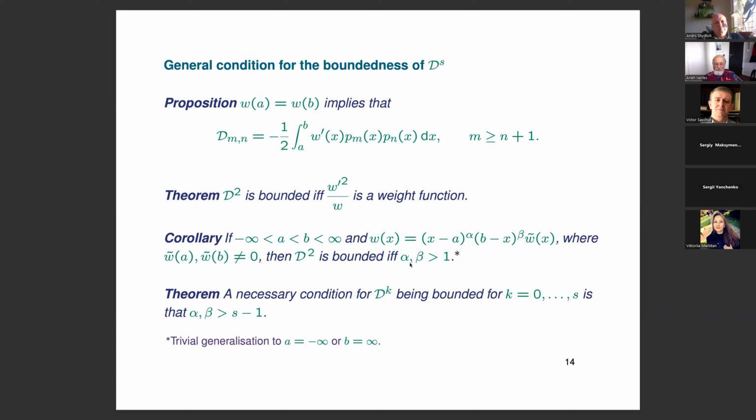Then this square is bounded if and only if alpha and beta are greater than 1. And in general, D to the k is bounded only if alpha and beta are greater than s minus 1, for every k between 0 and s.